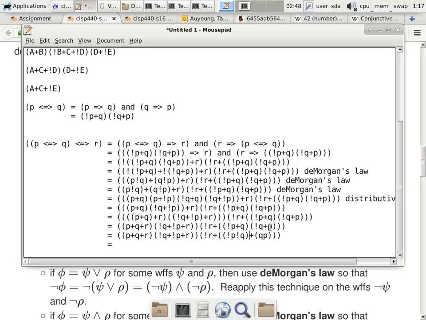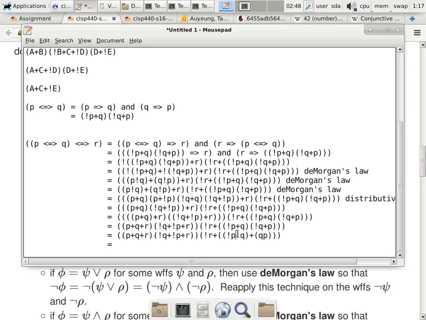Well, which part is the offending part? The or applied to a conjunction. That's the offending part. This whole thing can be a disjunction of something, but it has to be a disjunction of individual elements. But right now it's not.